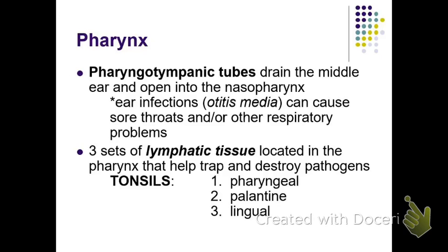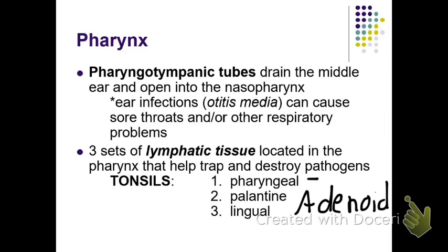And then just below the pharynx, we have lymphatic tissue, which are typically referred to as tonsils in the pharynx regions. And the tonsils are there to trap and destroy pathogens that enter the respiratory tract. And the 3 tonsils that you have are the pharyngeal, or also referred to as the adenoid tonsils, and they're located high in the pharynx.